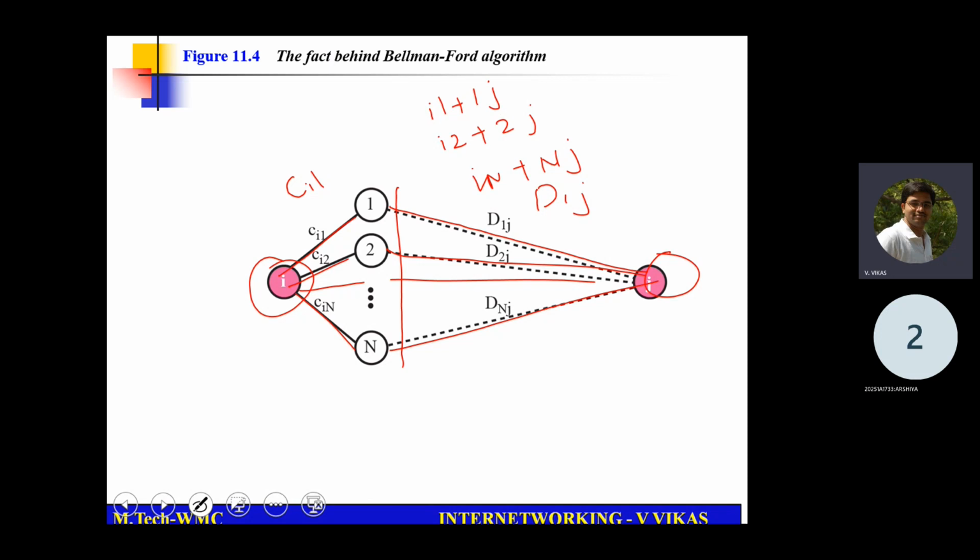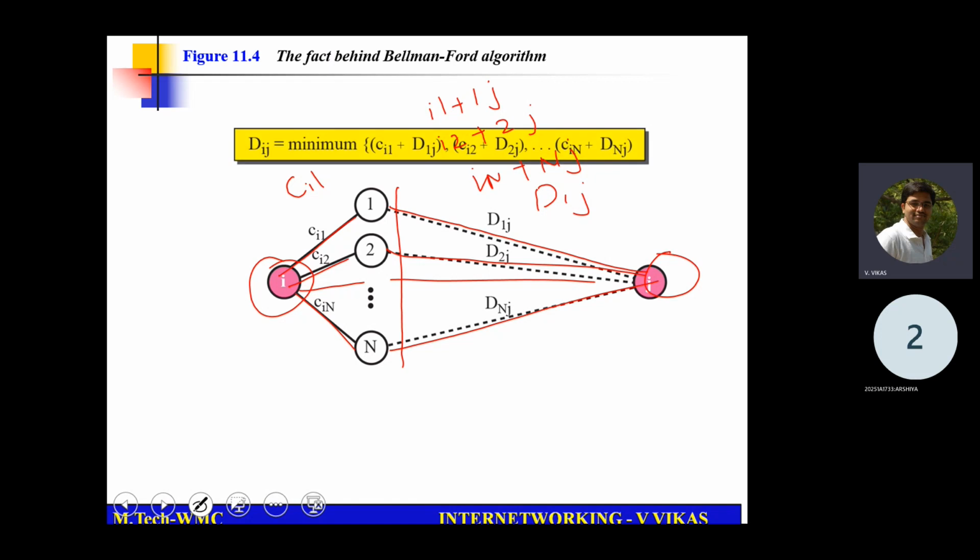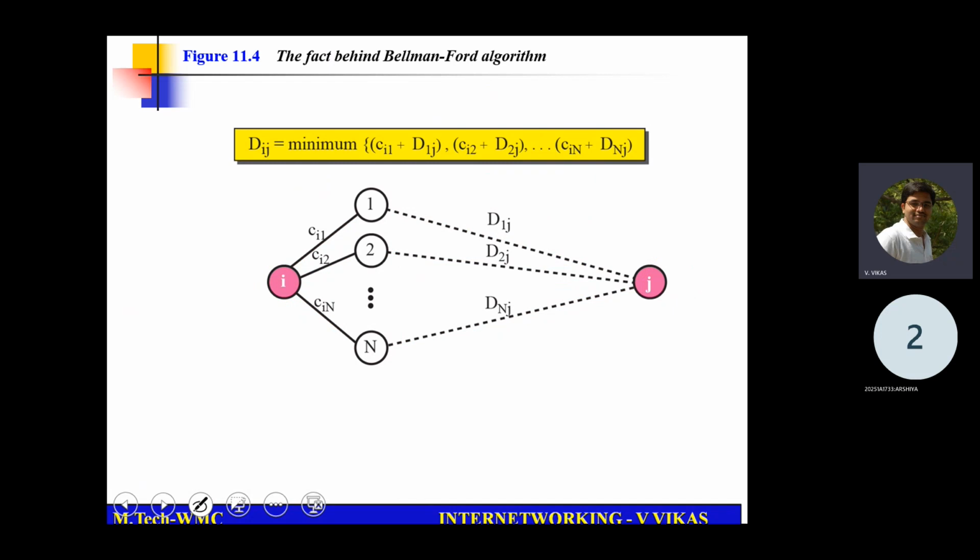So in the Bellman-Ford algorithm, we find the total cost for all the available paths, and we look at which one provides us the minimum. That is the working principle of the Bellman-Ford algorithm.